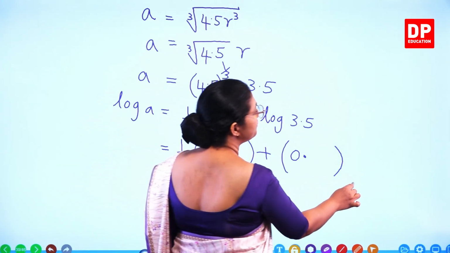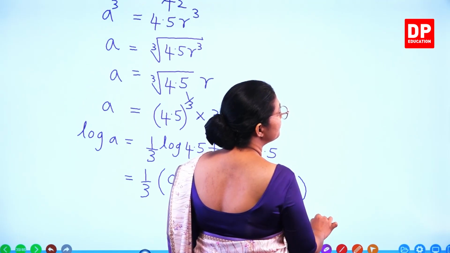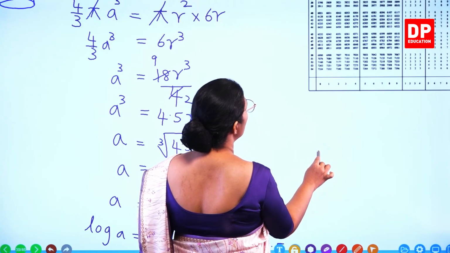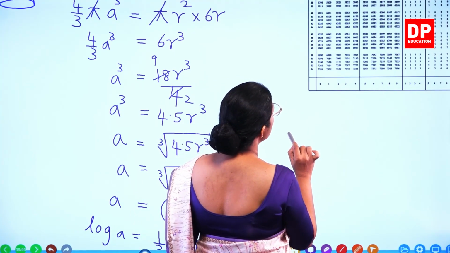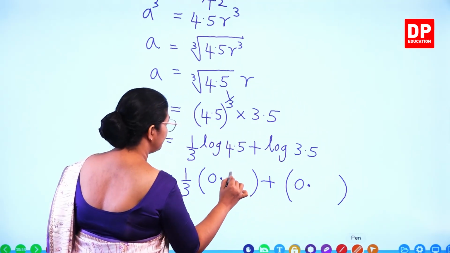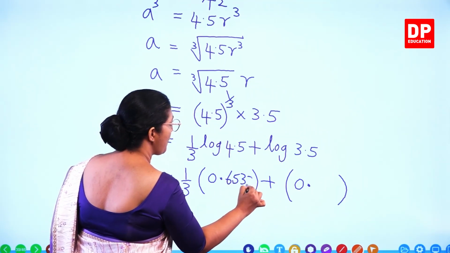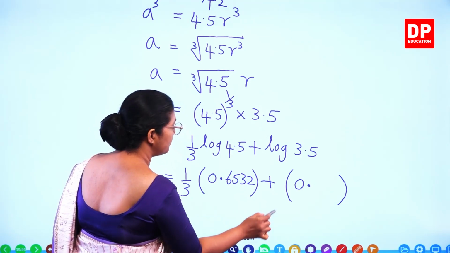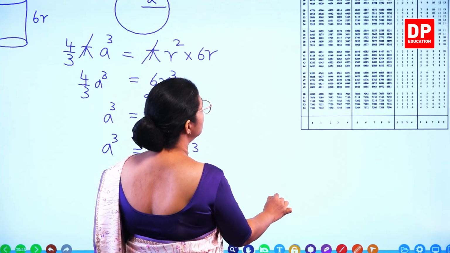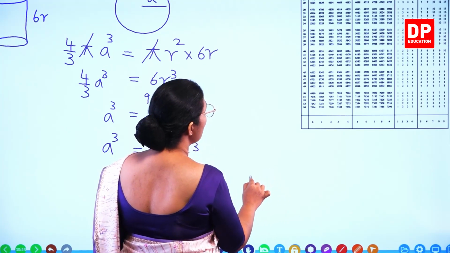45 0, 45 gives 6532. 35 0, 35 gives 5441.